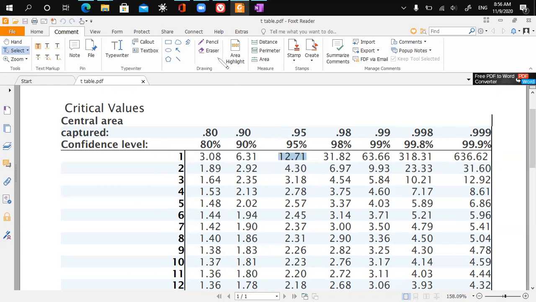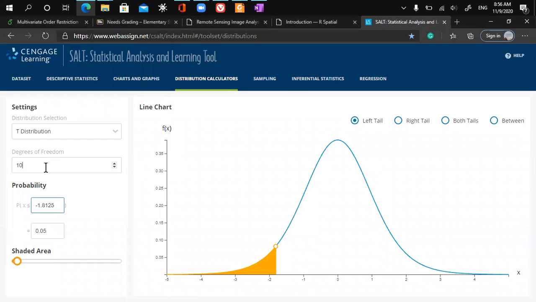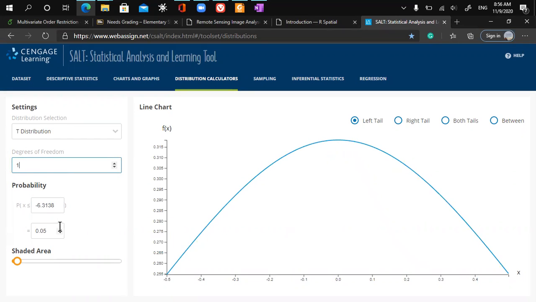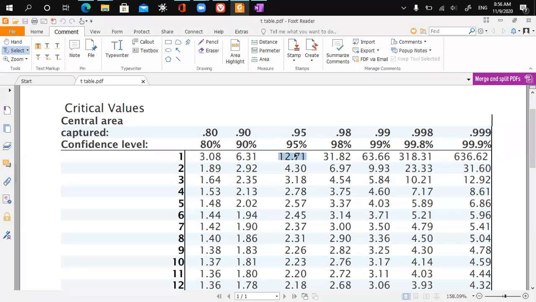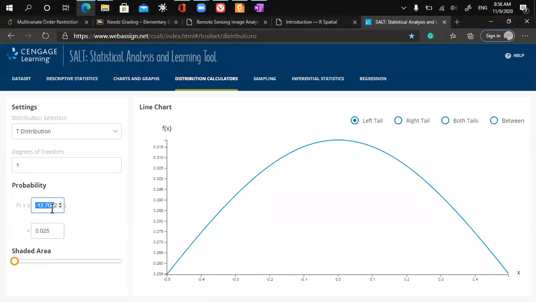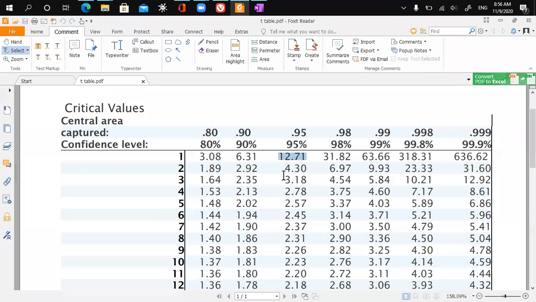Let me go back to this one. 95, this has to be 0.025. You see, 12.7. What do we have here? 12.71. If you round the 6 to the left, it will be 12.71. So that's for degrees of freedom 1.